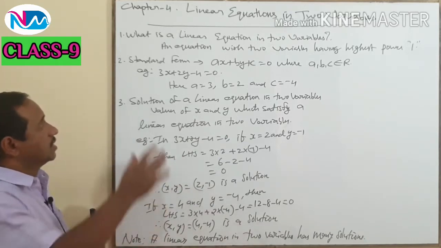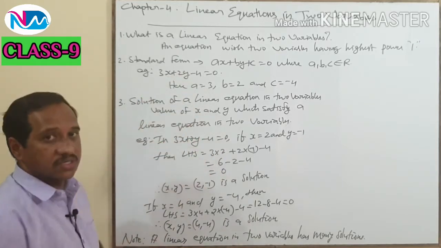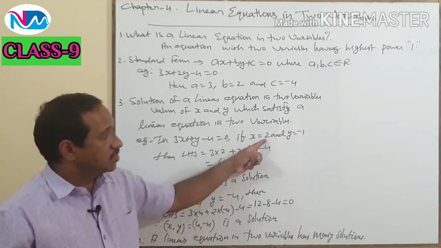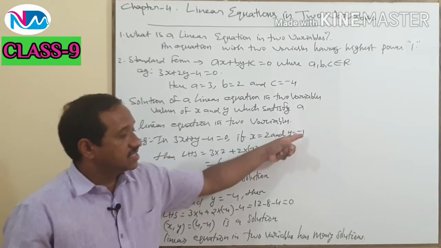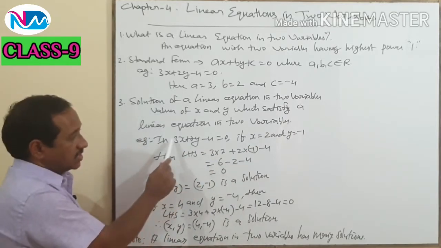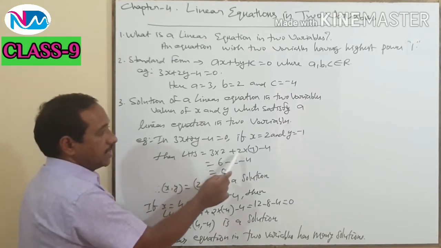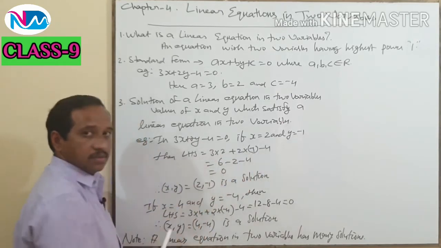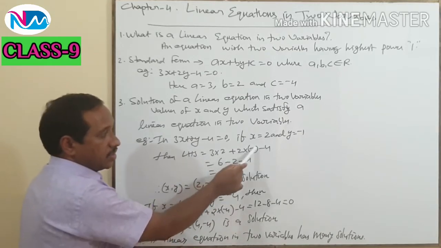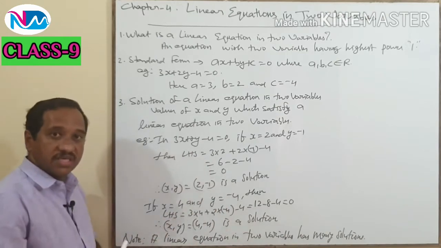For example, we have 3x plus 2y minus 4 is equal to 0. Here if you substitute x is equal to 2 and y is equal to minus 1, then LHS becomes 3x means 3 into 2 plus 2y means 2 into minus 1 minus 4. 3 into 2 is 6, plus 2 into minus 1 is minus 2, minus 4, which is equal to 0.